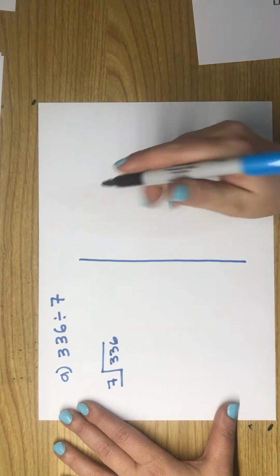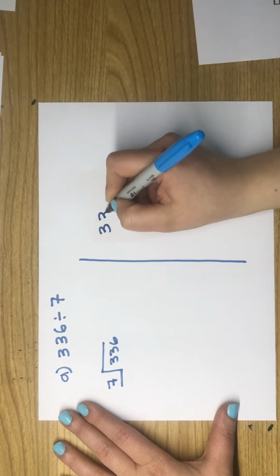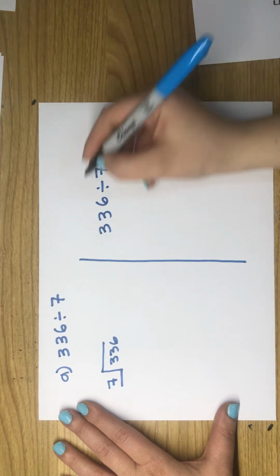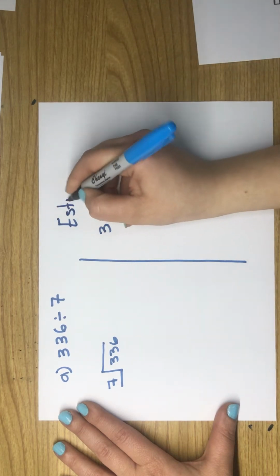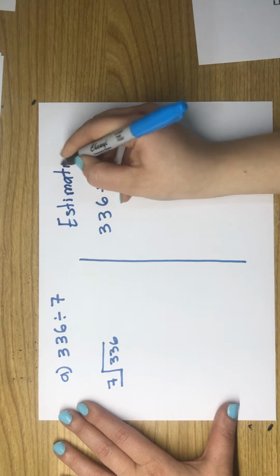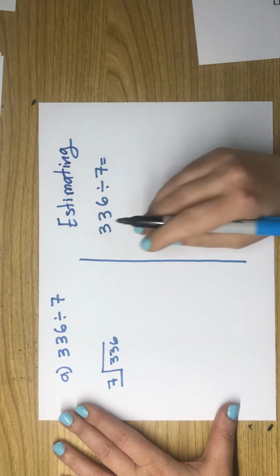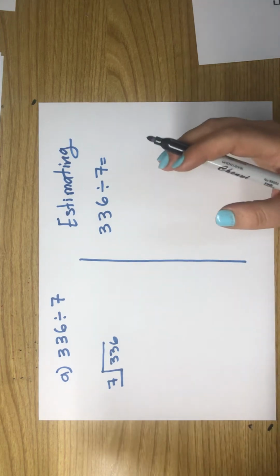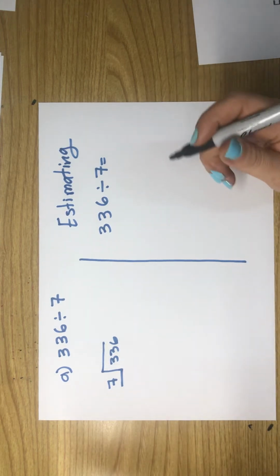I'm going to show you first how to estimate. 336 divided by 7. This is estimating for long division. Because it's different than estimating long multiplication, the steps are different.